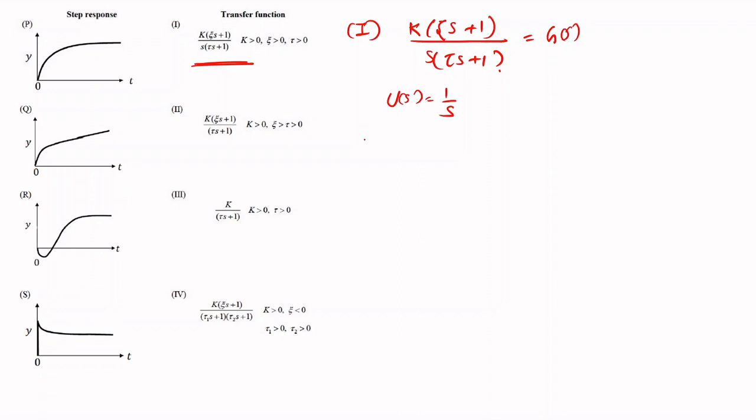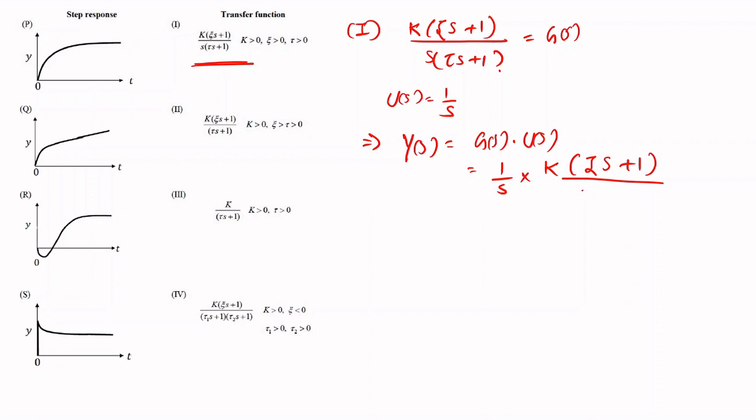So we can find the response as Y of s equal to G of s into U of s, that will be 1 upon s into k times (zeta s plus 1) upon s (tau s plus 1).